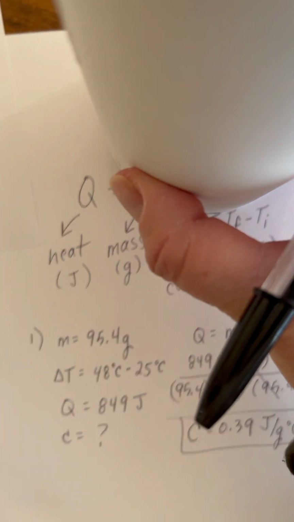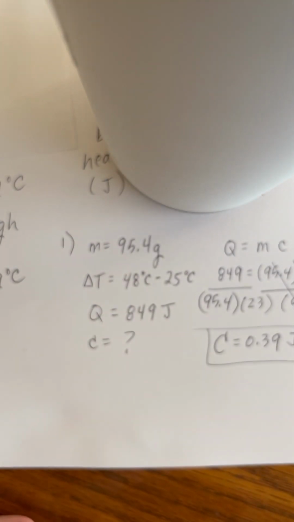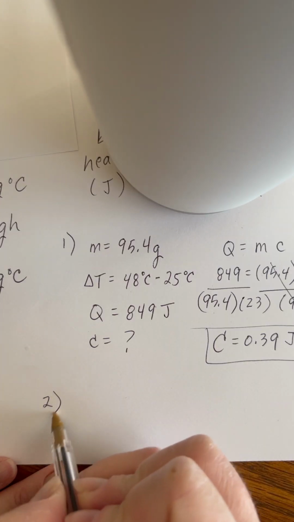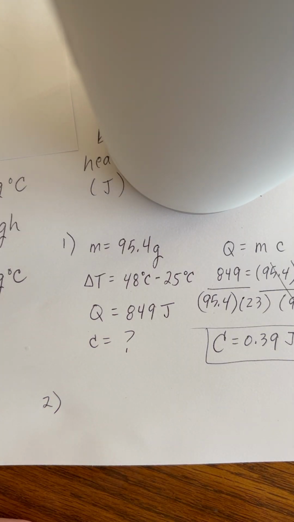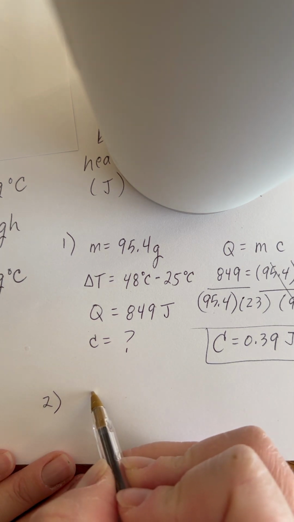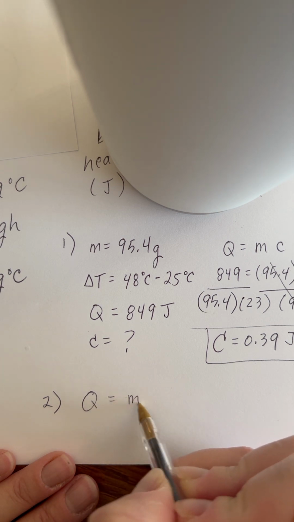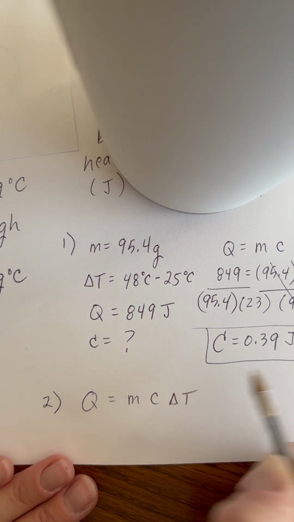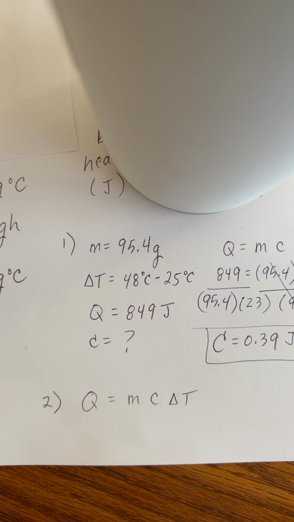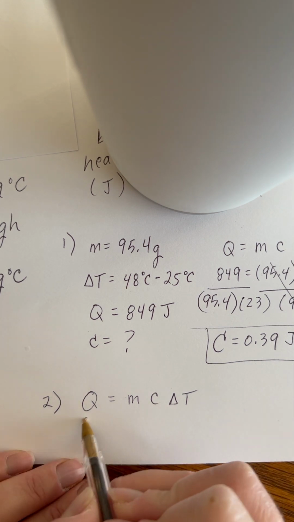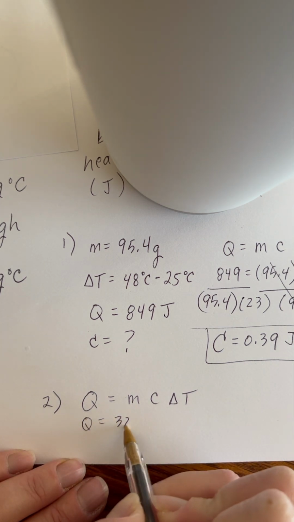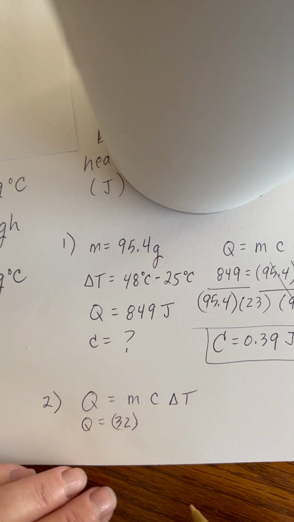Let's look at number 2. Question number 2 says, how much heat does 32 grams of water absorb when it's heated from 25 to 80? Again, to solve this kind of problem, we're going to use Q equals MC delta T. In this case, we're solving for Q. 32 grams is the mass.